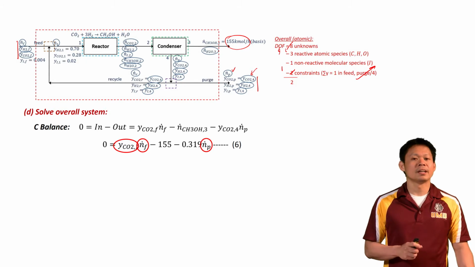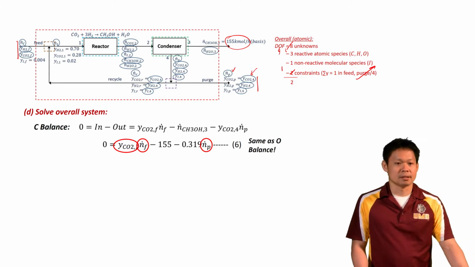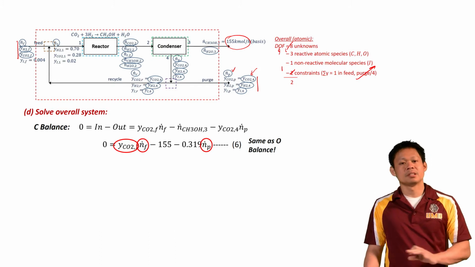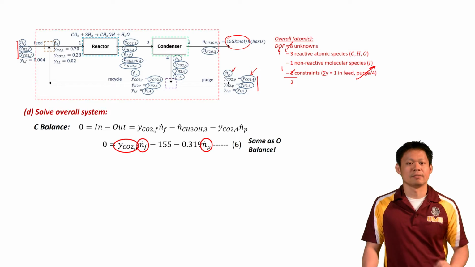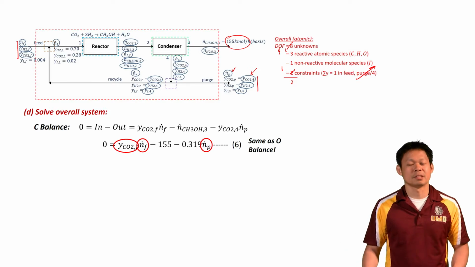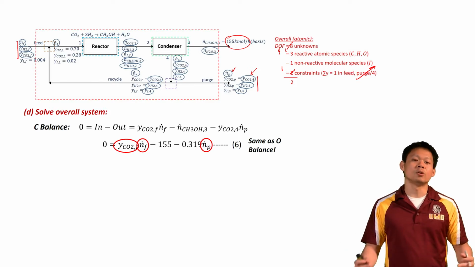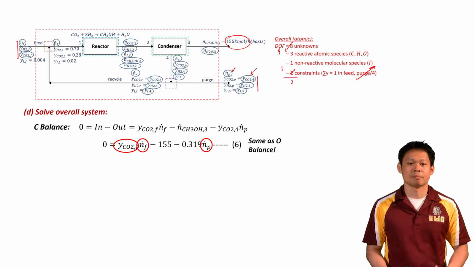What you're going to find, and you can do it on your own here, if you write the oxygen balance and put in the numbers that you already have, it turns out you're going to get the exact same equation as what I've listed here in equation 6. And that is why we don't have a degree of freedom of -1. We actually have a degree of freedom of 0 down here, because writing the O balance and the C balance, simplifying it at this point, will give you only 1 equation.